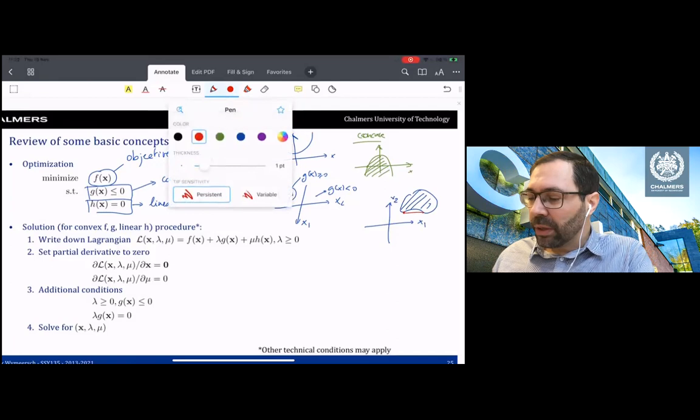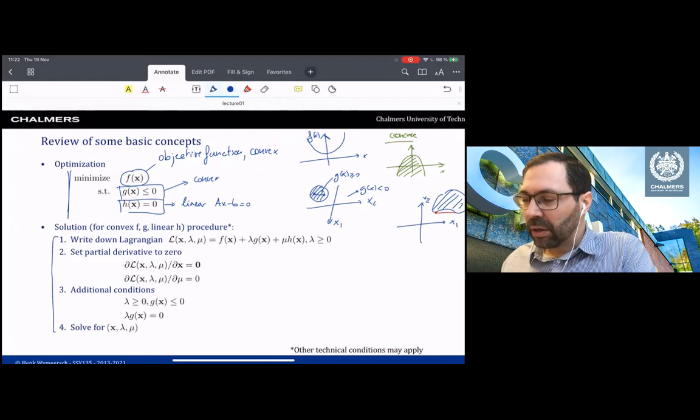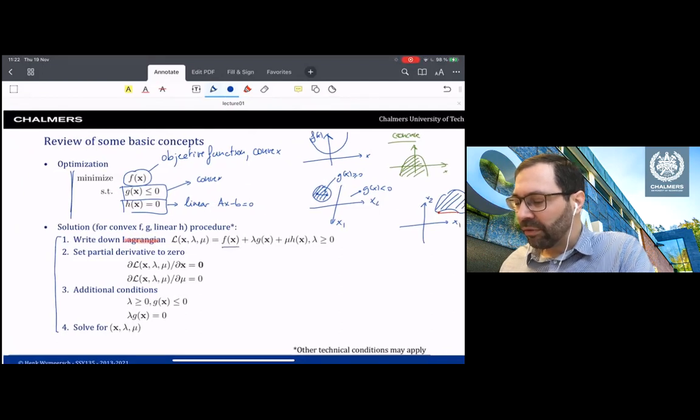All right, well, why do we talk about this? Convex optimization problems are nice because you can find a global solution, even when x is in very high dimensions. The way that you do this is you follow a very simple recipe. You first compute something called the Lagrangian. Some of you maybe have seen this before, which has the objective function.